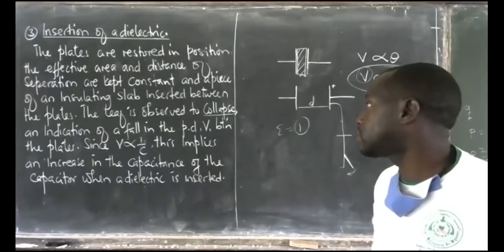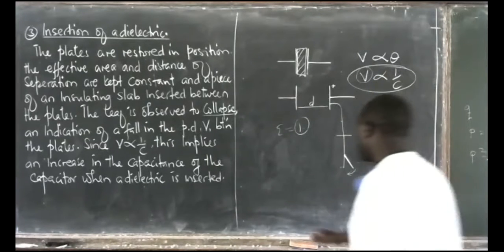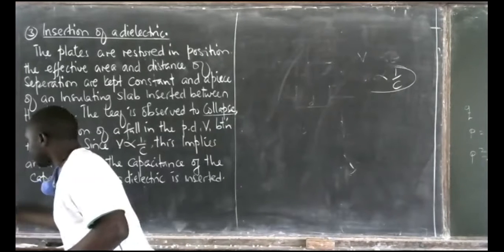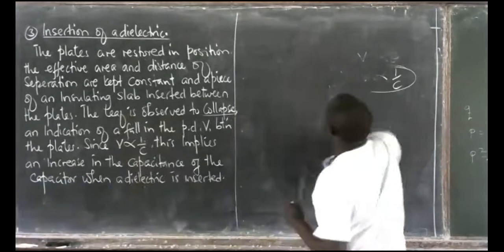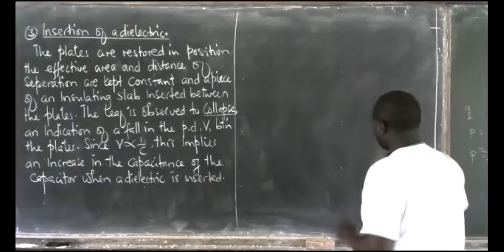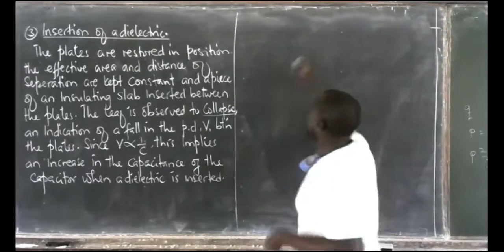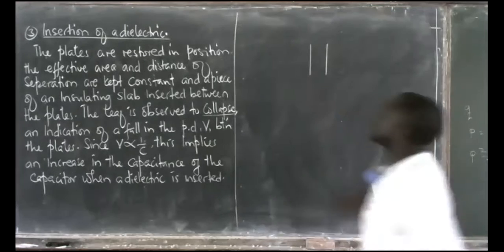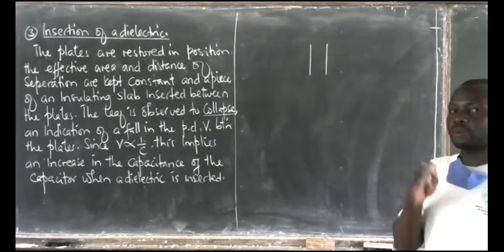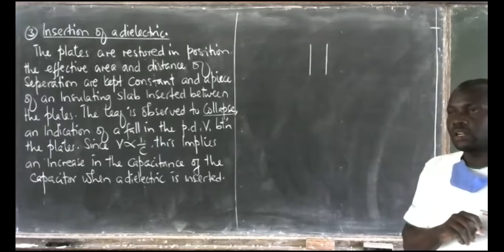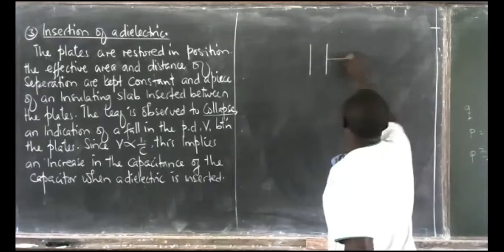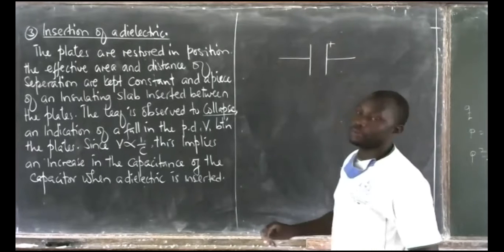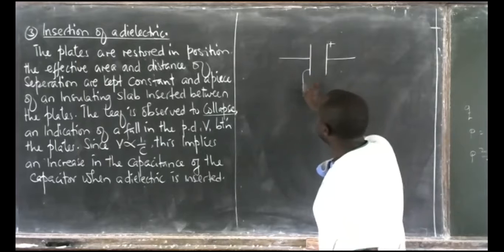Effective area, we said when we start with the capacitor, we can do it in two ways. Either I start with the plates completely facing each other so that I have maximum effective area, and therefore I ensure that the capacitor I'm using is charged, so I put a positive charge on one plate and the other one is earthed.